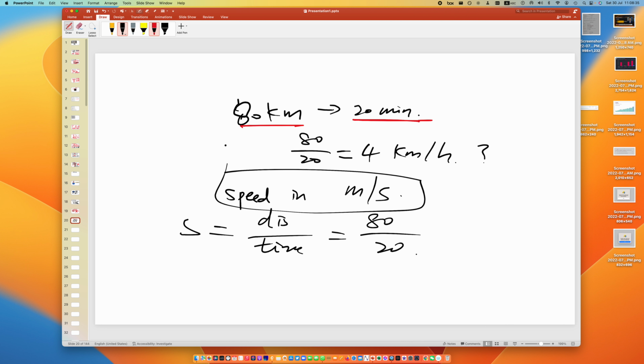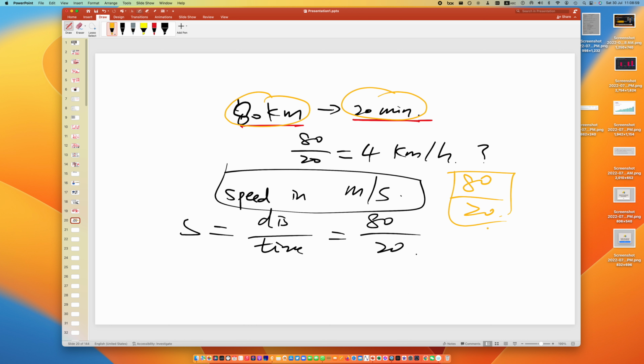Instinct is just do it blindly. Don't read the question. The question asks for meter per second, and even though the question is given in kilometer and 20 minutes, maybe 30% of the people will do this. 30% of your class will do this, 80 over 20, because they just follow their instinct.